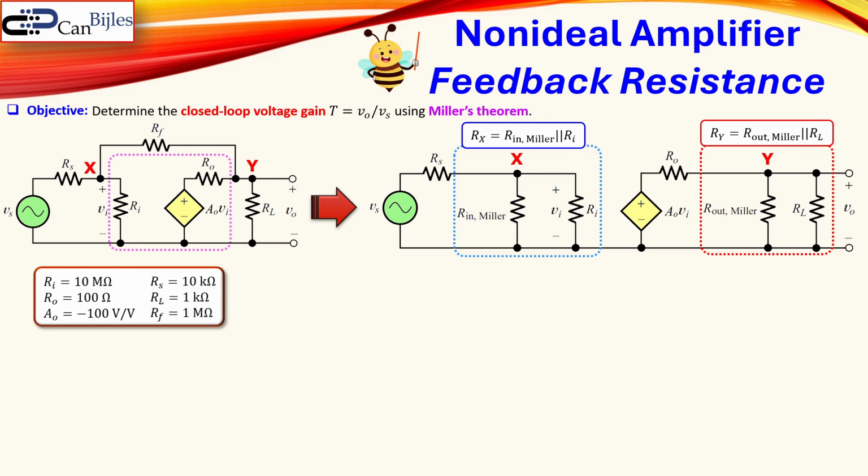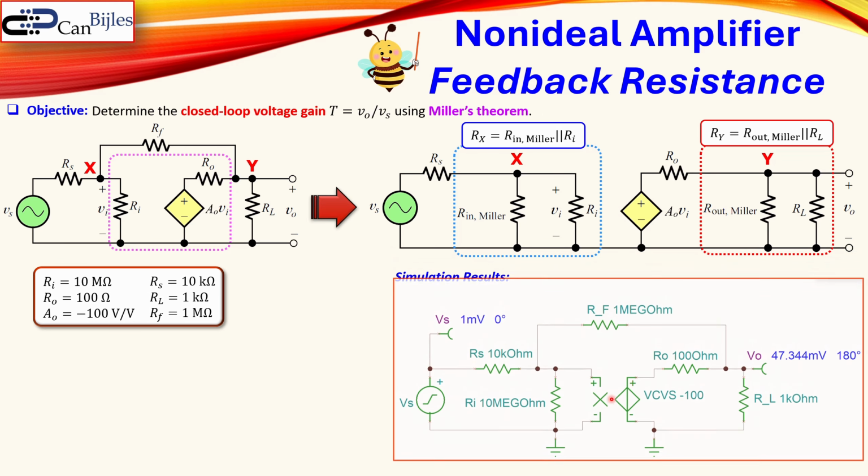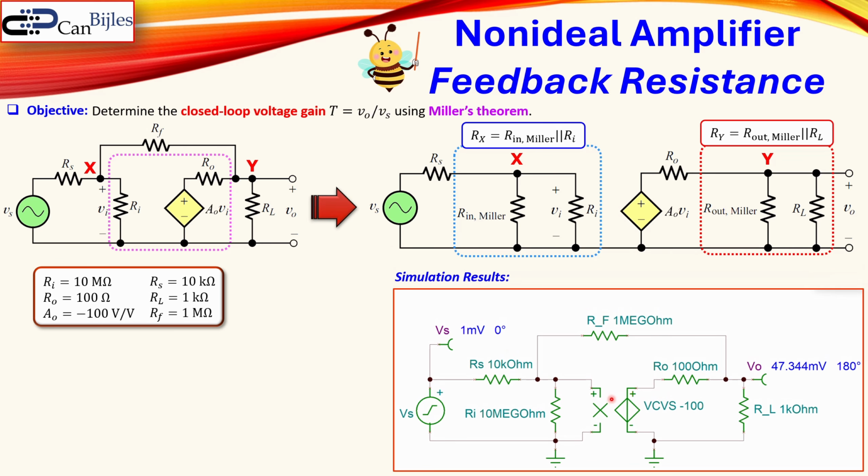We have now here the situation, and let's go to the simulation results for the values we have selected. And this is now the simulation circuit. You see here the voltage controlled voltage gain with the gain of minus 100, also the other parameters. I apply here Vs of 1 millivolt with a 0 phase, but the V out here is 47.344 millivolts with a phase of 180 degrees.